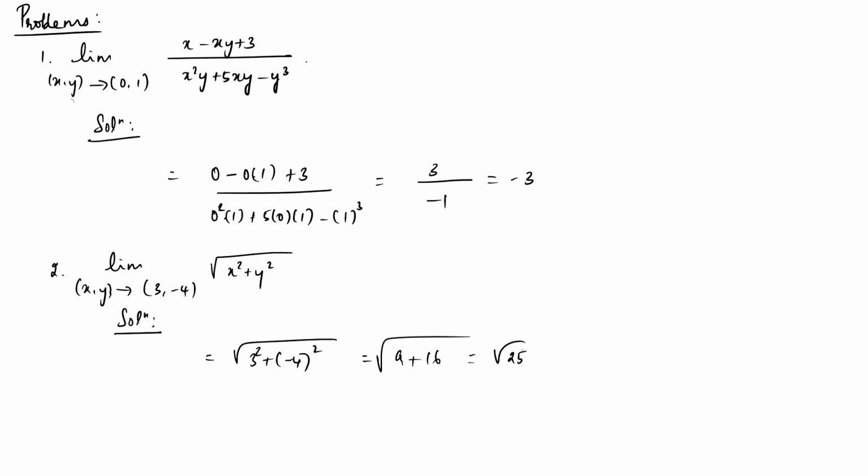Since this is a well-defined function, it has to be only a positive square root unless it is given with negative sign. So the value is 5. Till now things are going in a very smooth way, right? Now let us move to the next problem and see how it goes in that.